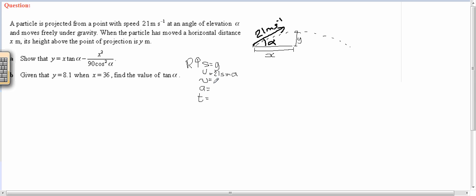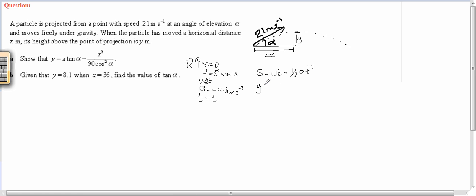My final velocity I don't have. My acceleration is minus 9.8 meters per second squared, and my time is t. So S, U, A, and T, I've got S equals UT plus a half AT squared.